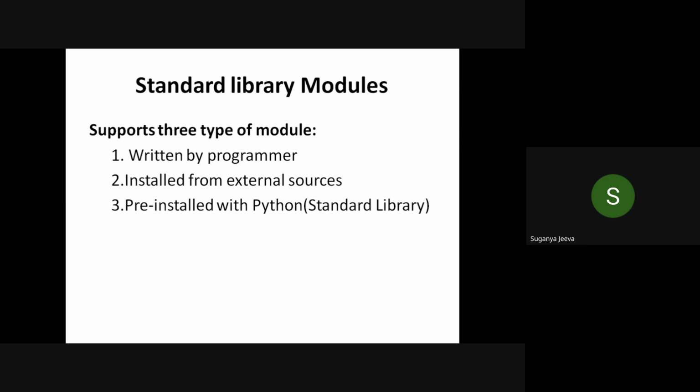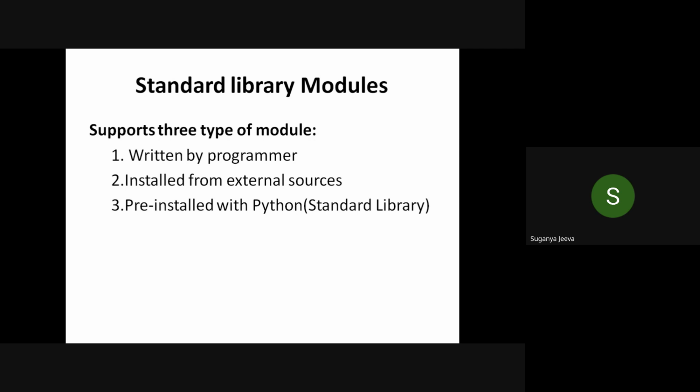Installed from external source means we install some modules from an external source, for example using pip. We will see how to install packages later, such as numpy. Those packages can be installed from external sources.